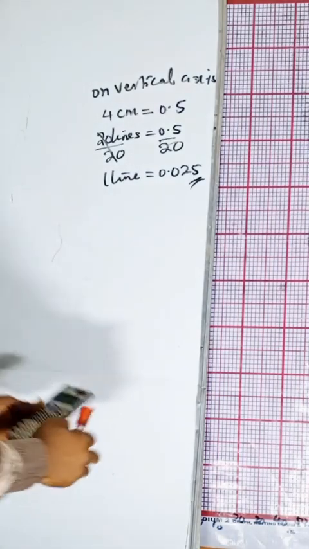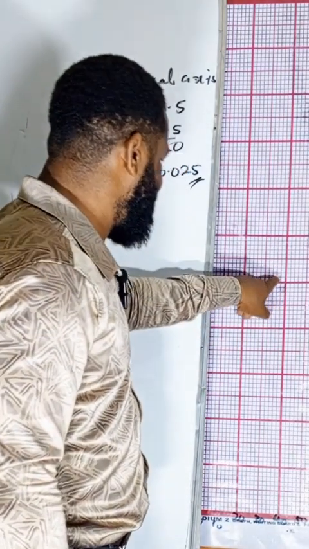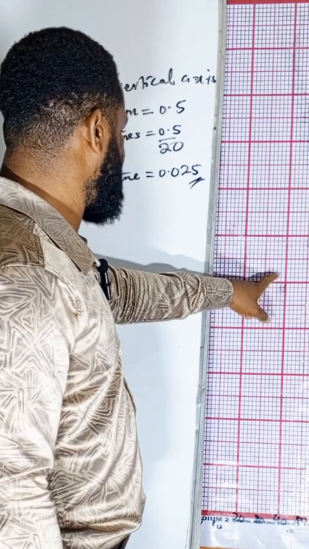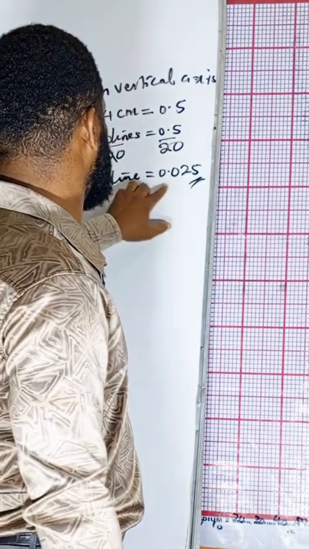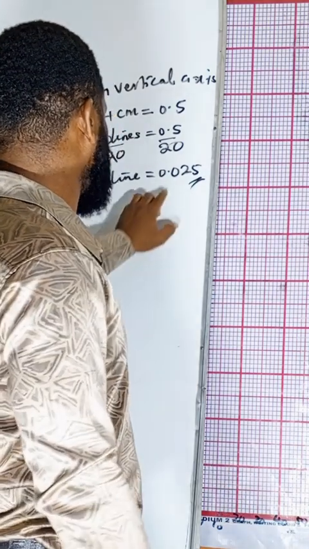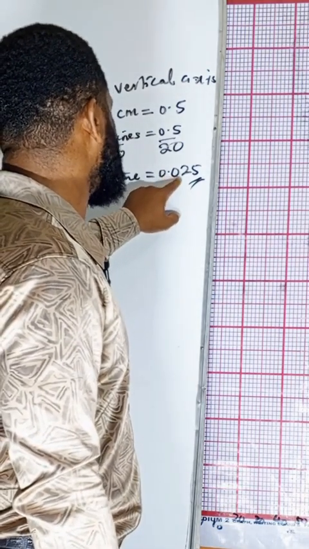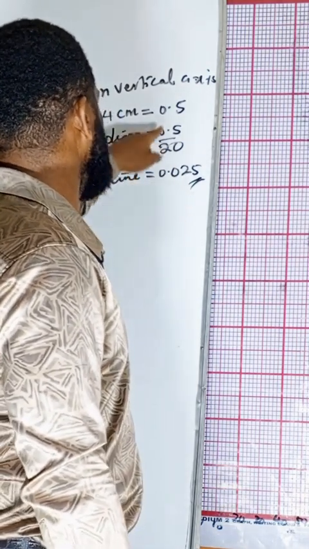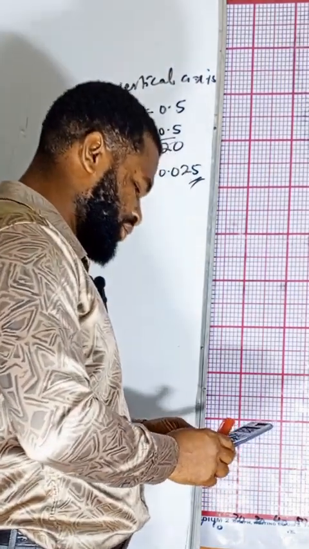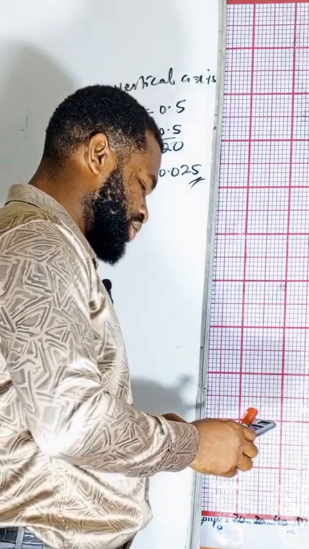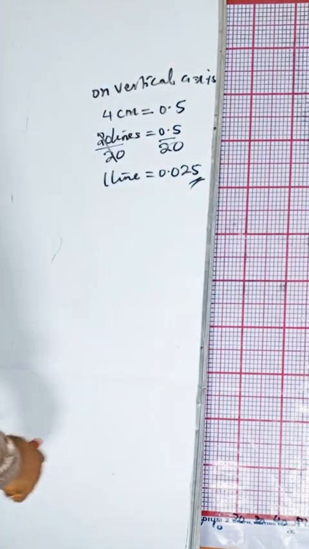So it simply means that each line here is 0.025. If you want to confirm if what we did is very okay, you can say 0.025 times 20, you have 0.5.